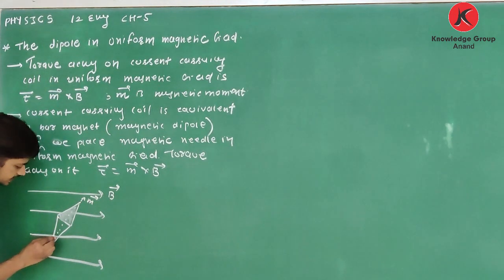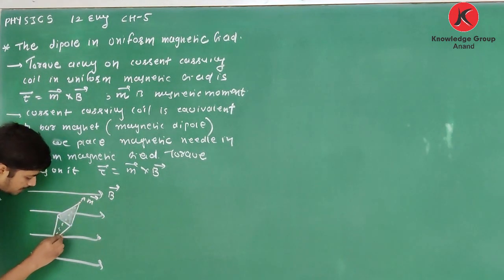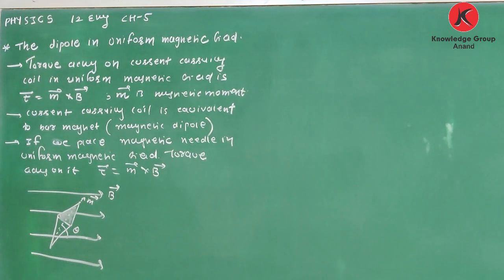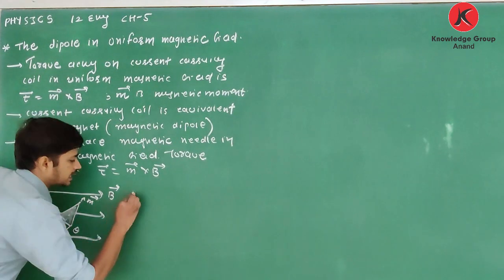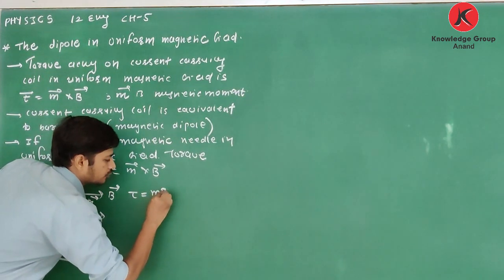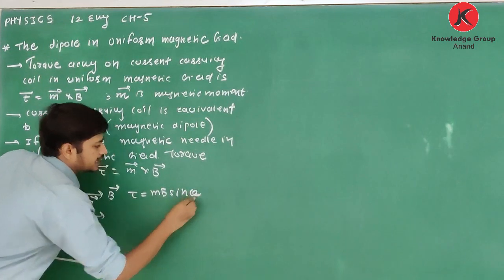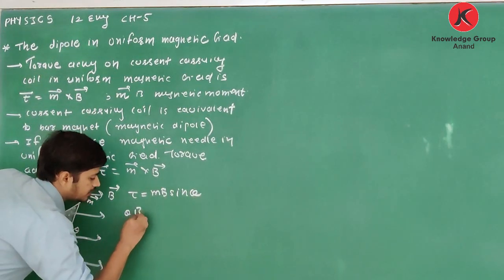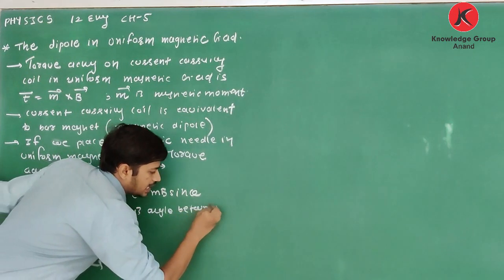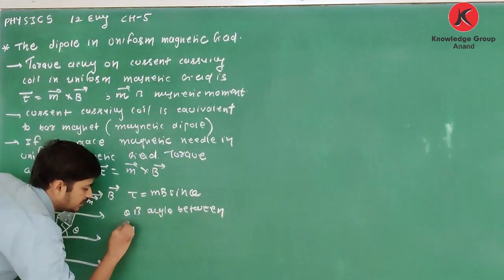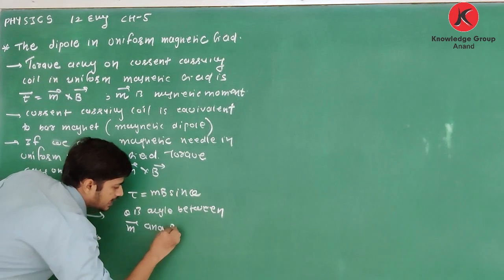So there is some angle theta between magnetic moment and magnetic field. The magnitude of torque is tau equal to mB sine theta, where theta is the angle between m and B.